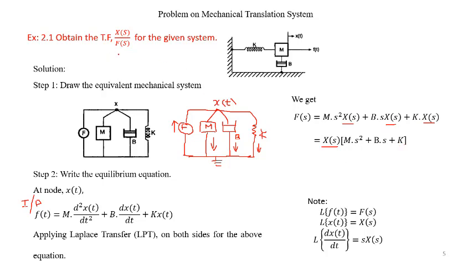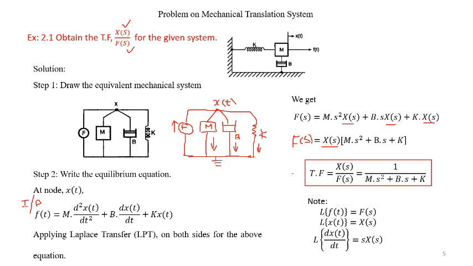The need here is to find the overall transfer function in the ratio of X of s by F of s. On the left hand side, we have F of s. On the right hand side, we have X of s.